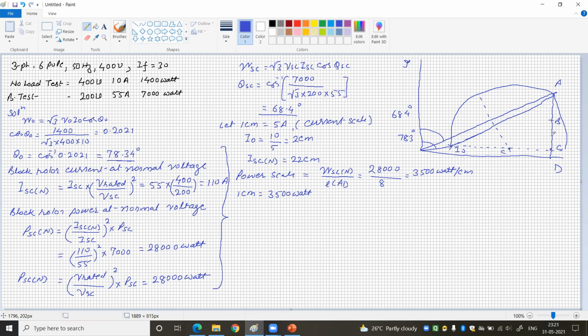So measure the length A to C, take the 60%, mark this point B and draw this line. This is called the output line, and this is called the torque line. The upper part represents the rotor copper loss and this part represents the stator copper loss.